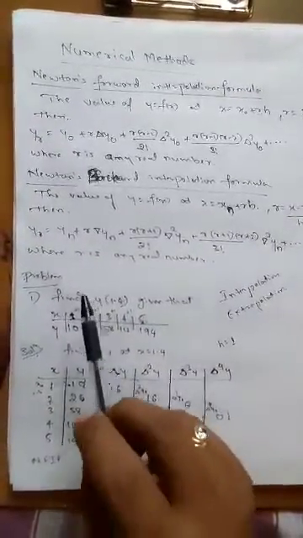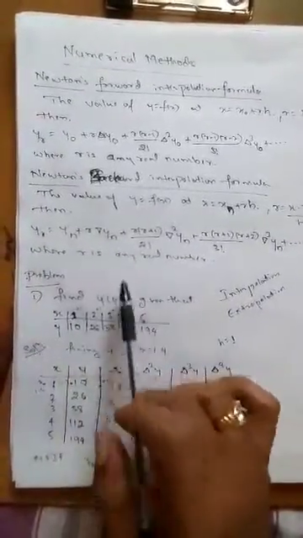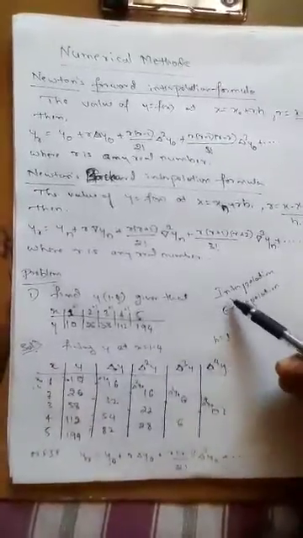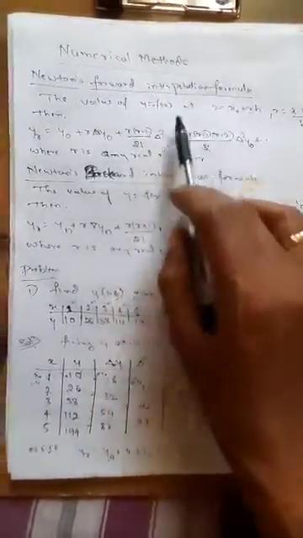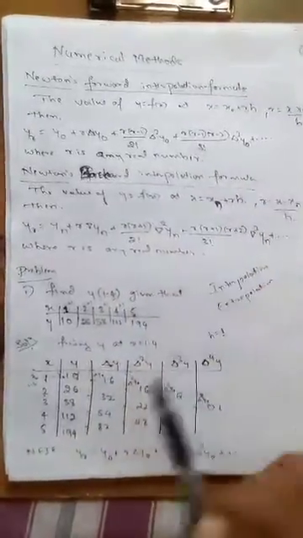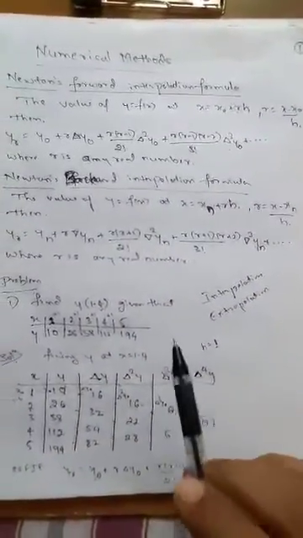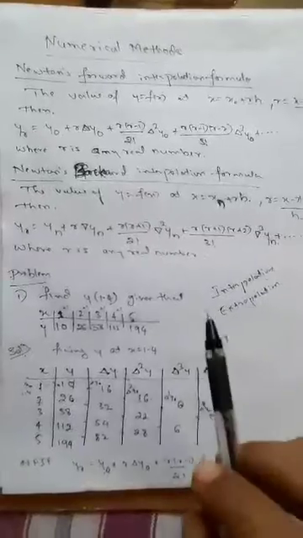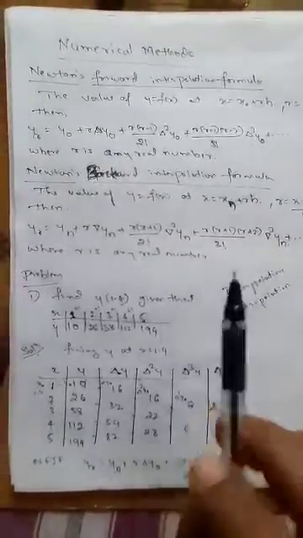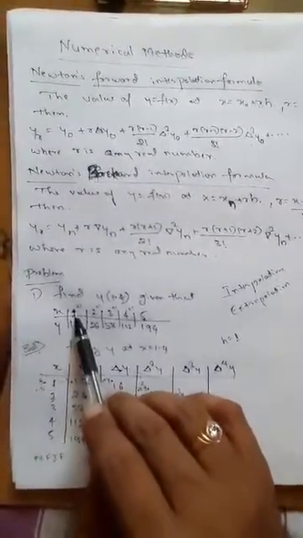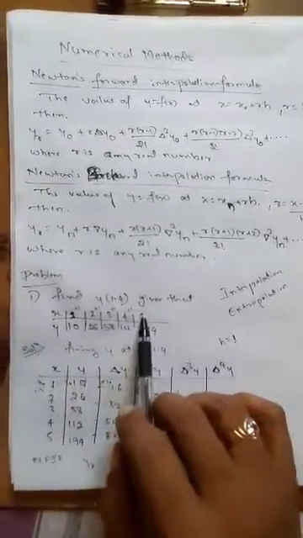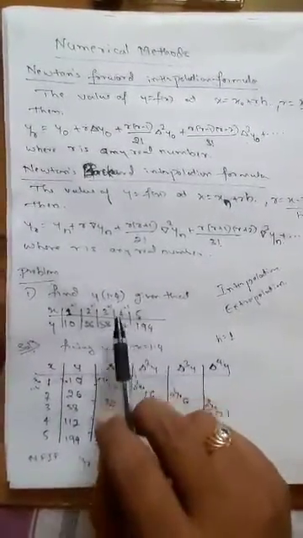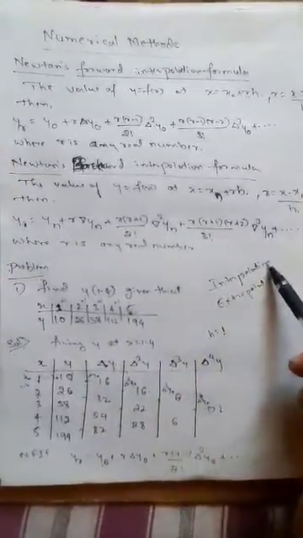Now we'll solve one problem on this. First, one thing: interpolation and extrapolation. What is the meaning of interpolation? It means finding the value within the given range. For example, if the range is 1 to 5, finding a value within 1 to 5 is interpolation.